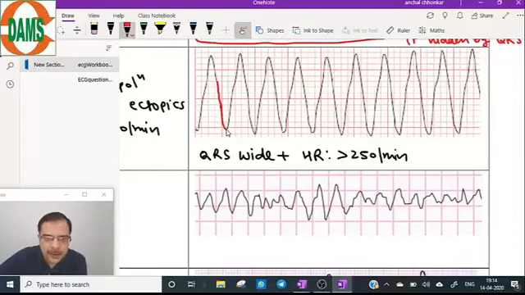So for you, I am making the QRS complex like this. This is a wide QRS complex, and this is a T wave. So this is the tracing of ventricle flutter.